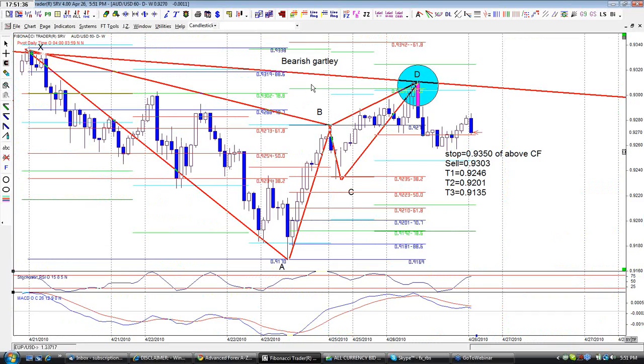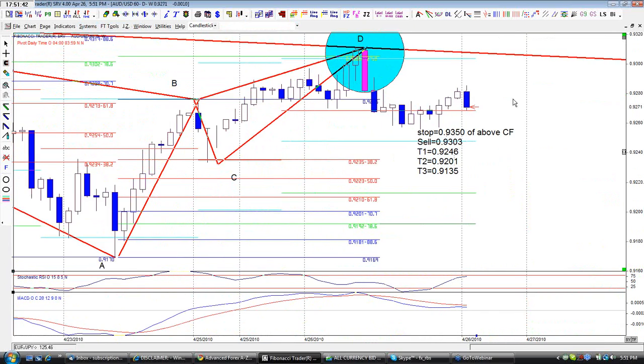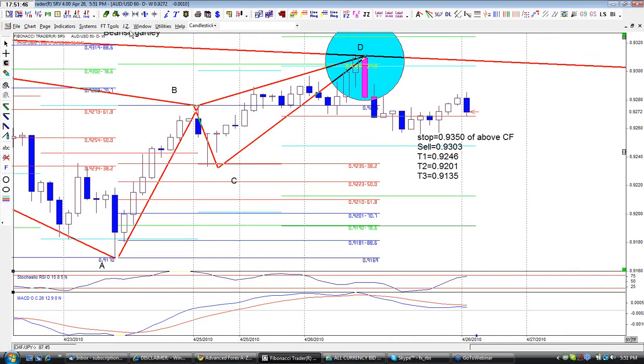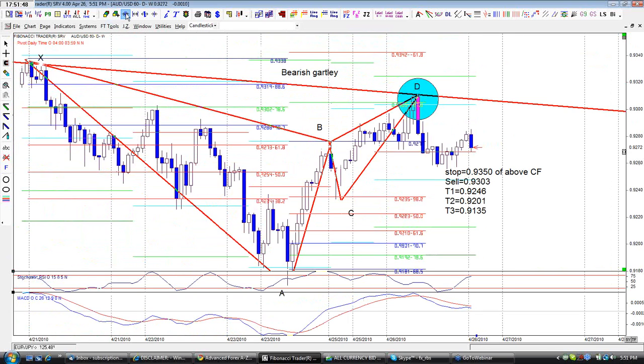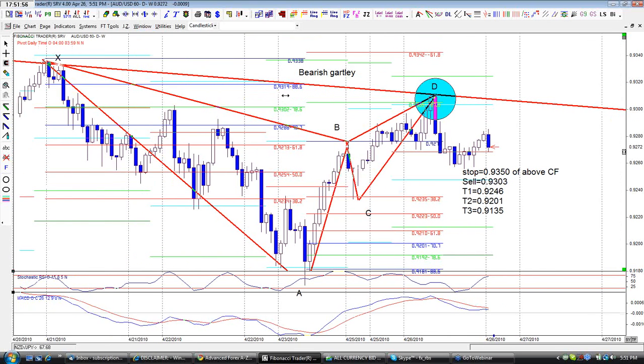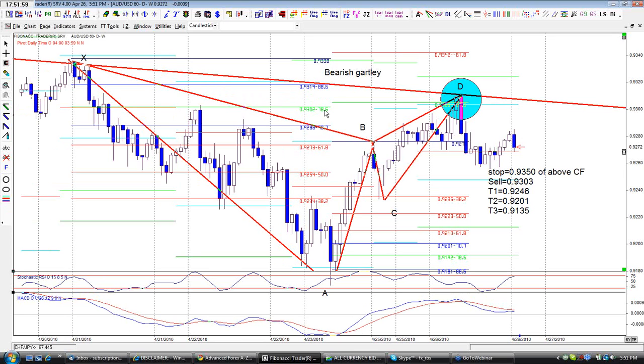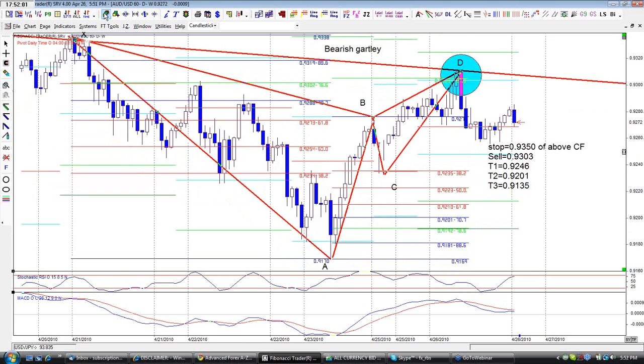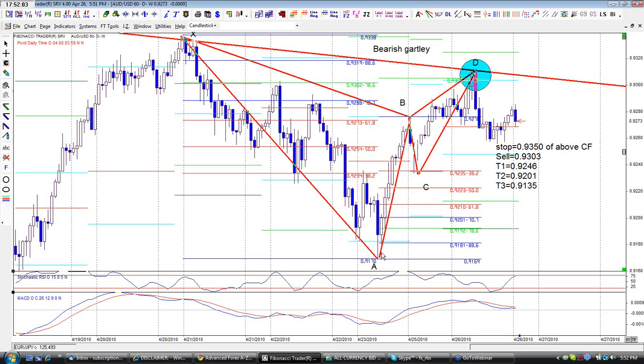Here it is on the 1 hour chart. So what we do is we pull a fib from the top to the bottom.